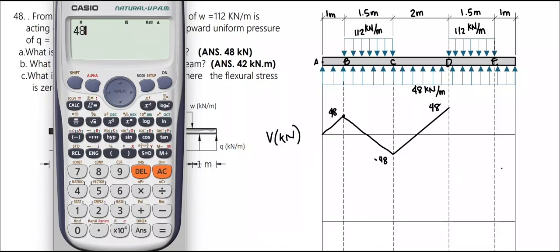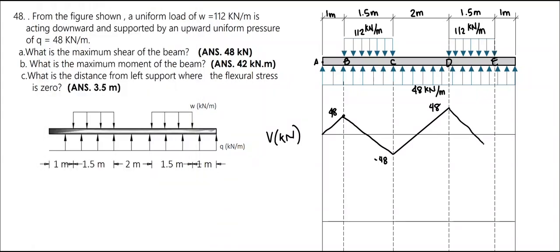So we subtract from 48 the 64 uniform load times the length of the segment, that is 1.5. So it decreases from 48 to negative 48. And then it increases from negative 48 to 48 times 1 meter. This becomes 0. This is our shear diagram for this beam.